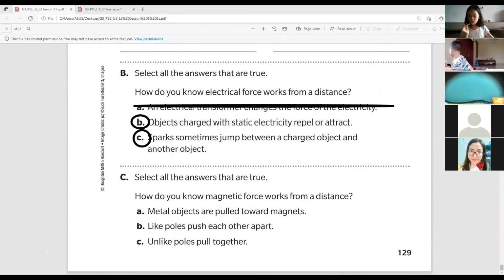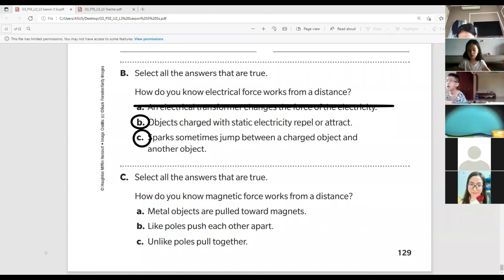And then Ben 10, could you do C for us? C. Select all the answers that are true. How do you know magnetic force works from a distance? A. Metal objects are pulled toward magnets. B. Like poles push each other apart.